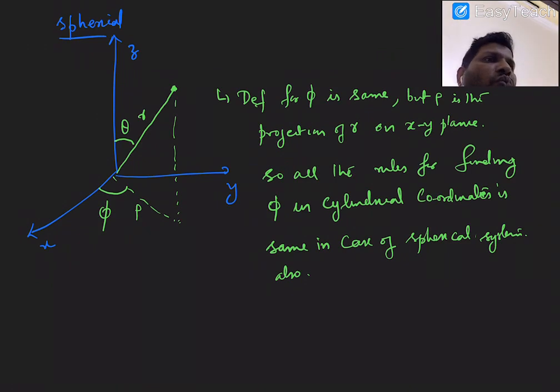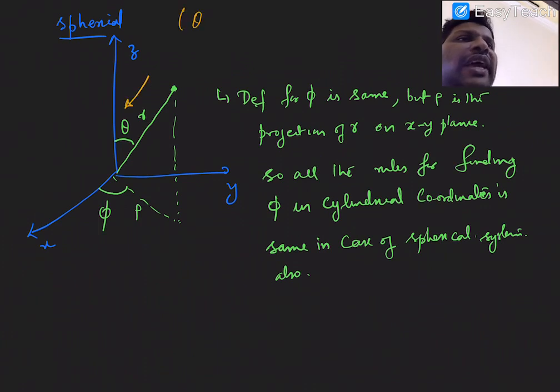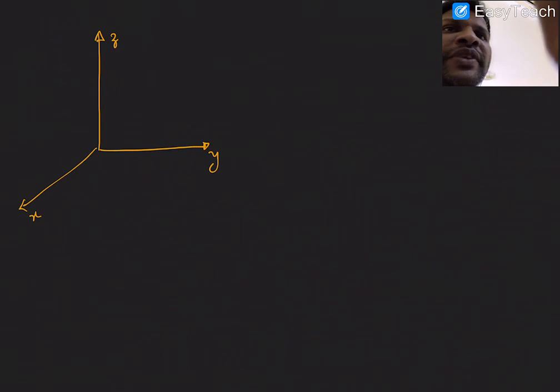Now we will see what is the situation for the angle theta. So that is the main part that we have to discuss. So how to obtain this angle theta? Now let us consider the coordinate system. This is z, this is x and y. Let us consider a point here. It is at a distance r from the origin.